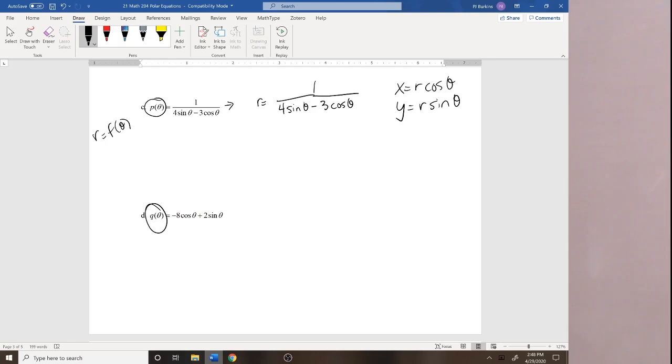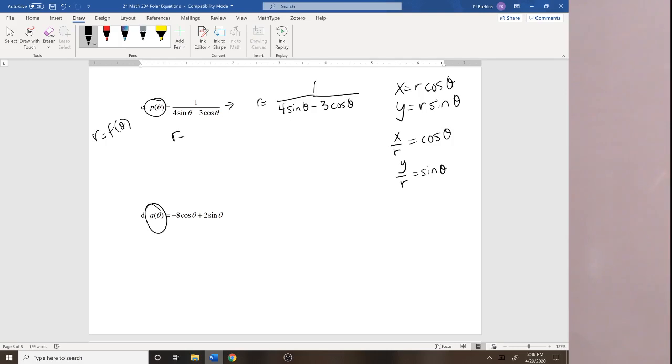Well, the problem with that is that those values for r would be different. And that can't be the case. So yeah, you're right, Abood. So I'm going to do x divided by r is equal to cosine, and y divided by r is equal to sine. And then I'm going to substitute those in.